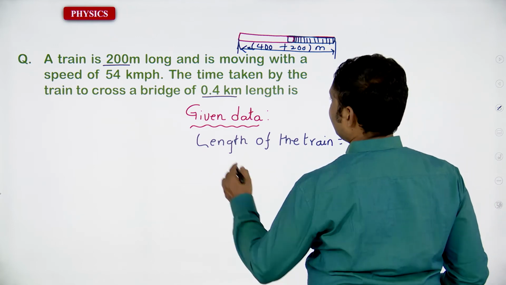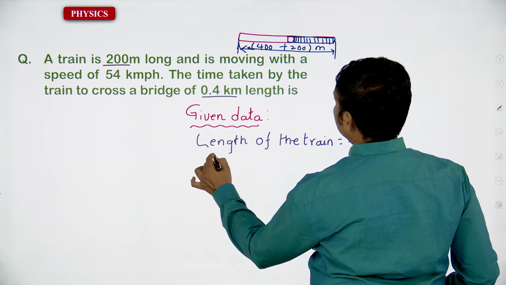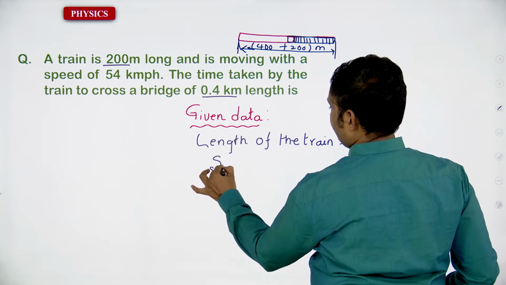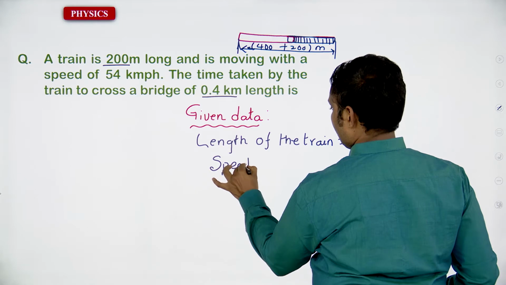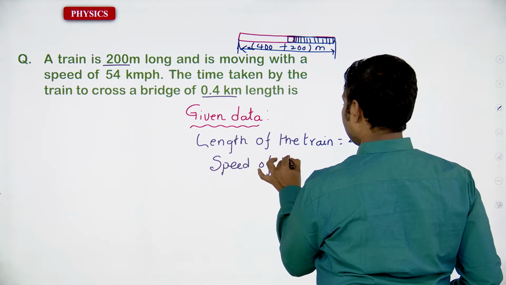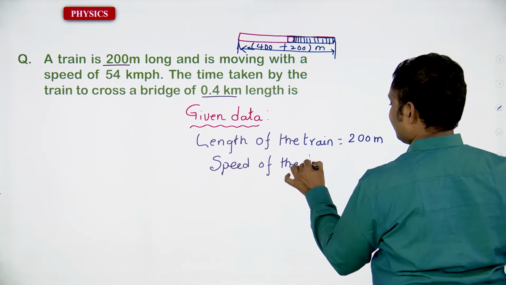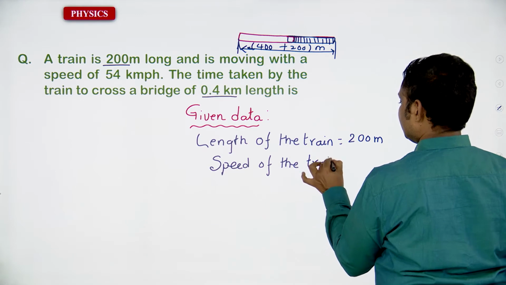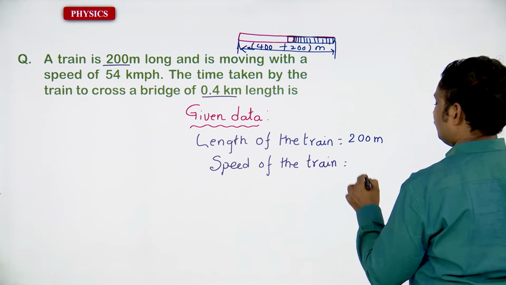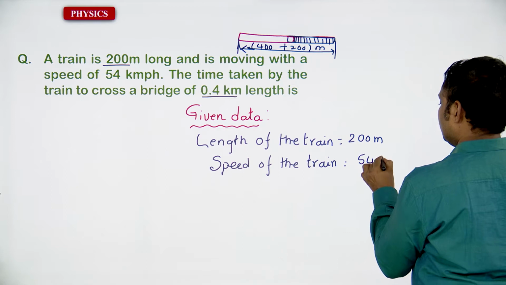This is an important point. Now the speed of the train is 54 kilometer per hour.